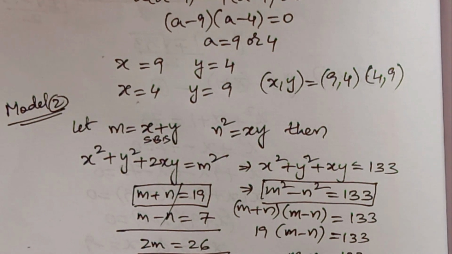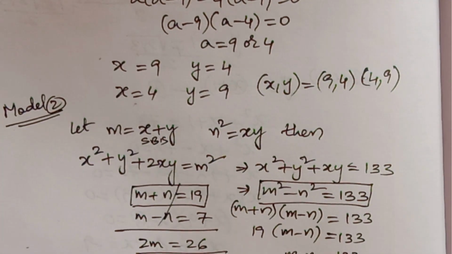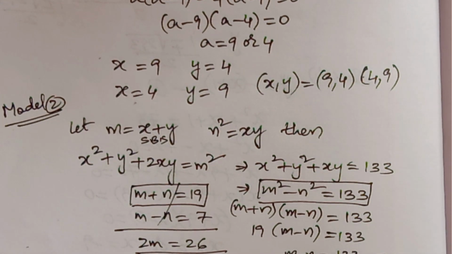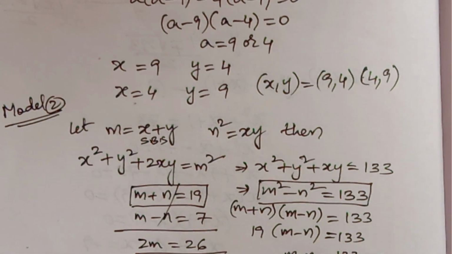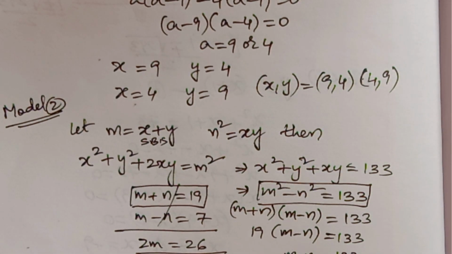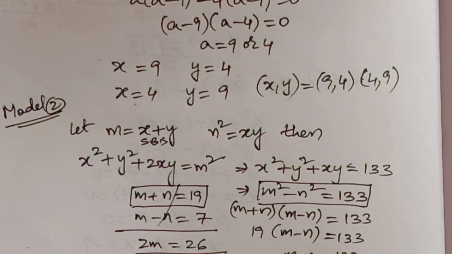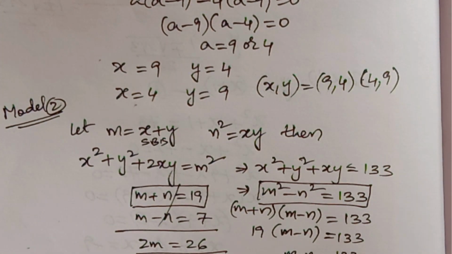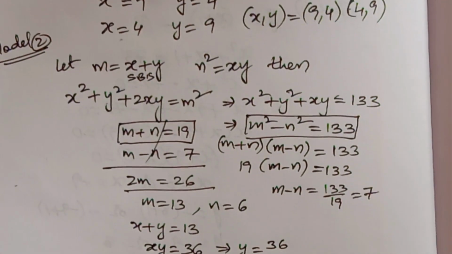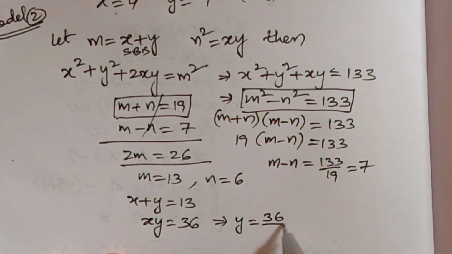Now from here you will get n value 6. m value 13, n value 6. n square means xy. xy is equal to 36. That implies y is equal to 36 by x.